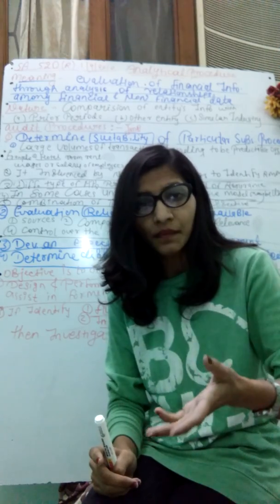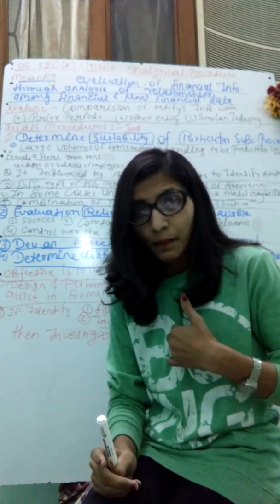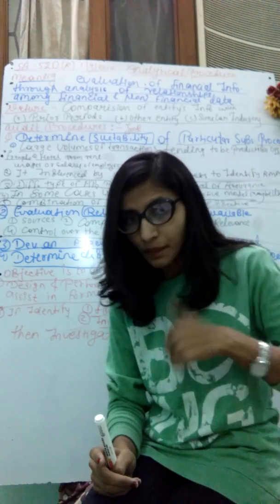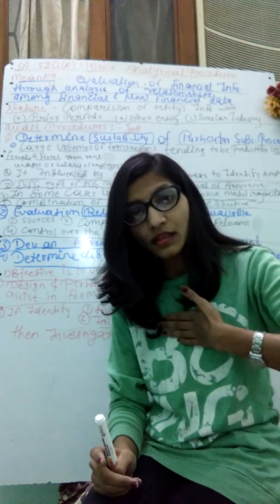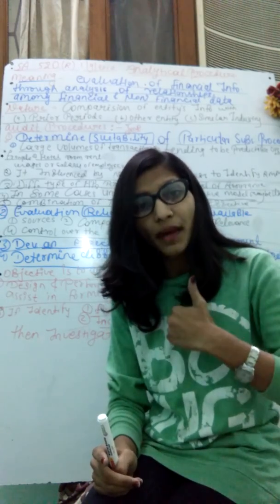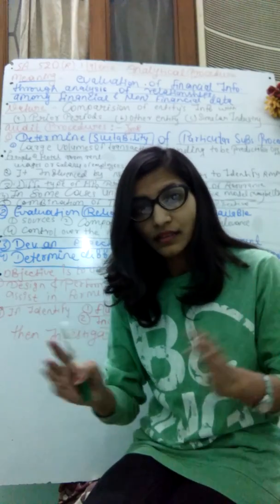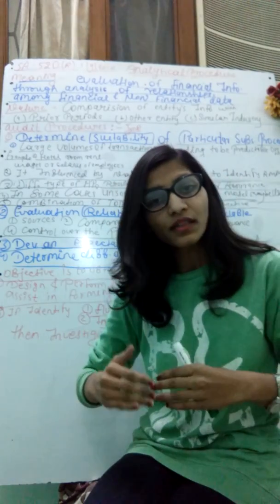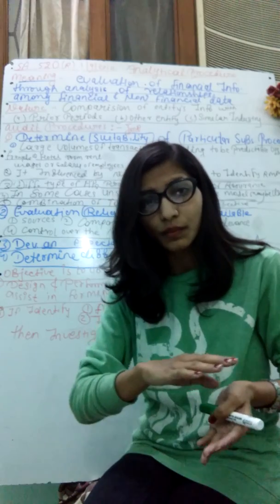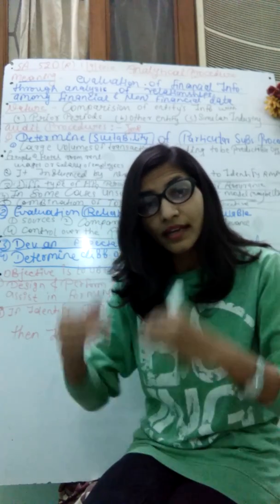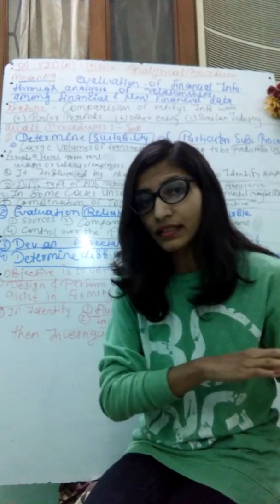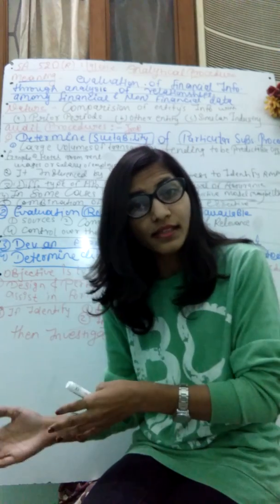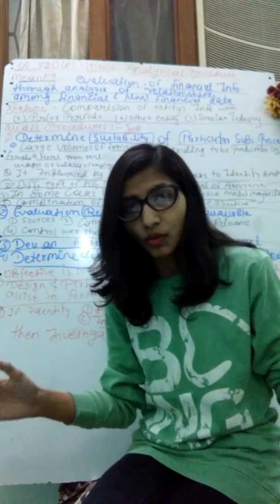We can say: my comparison with me, my comparison with you, my comparison with all. That is, the entity's comparison with its financial information of previous year, the entity's comparison with other entities' information, and the entity's comparison with the industry as a whole.